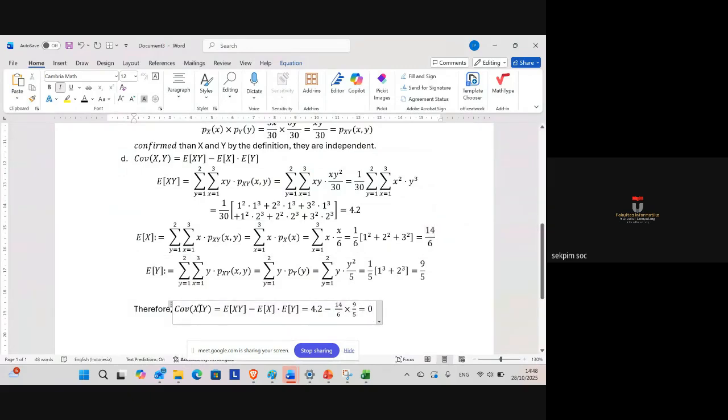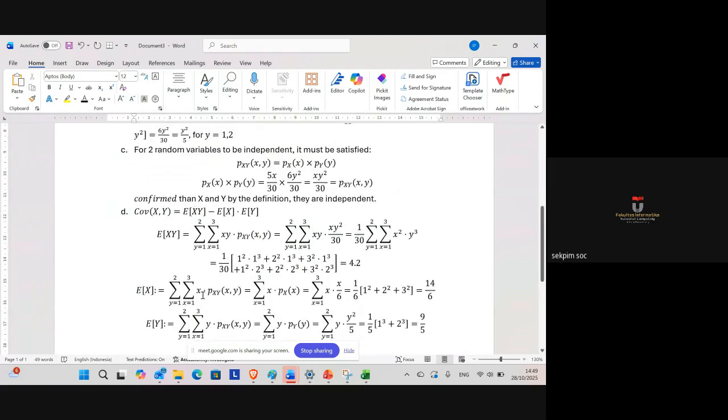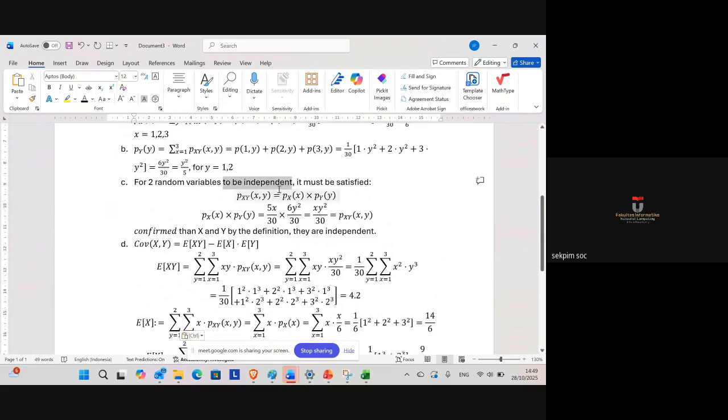When the covariance of x, y is 0, what does it mean? When this is 0, we have this relation, right? This is also an indicator, or actually an implication, that x and y are independent.